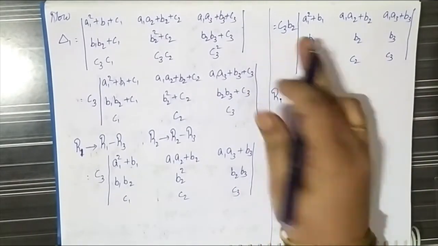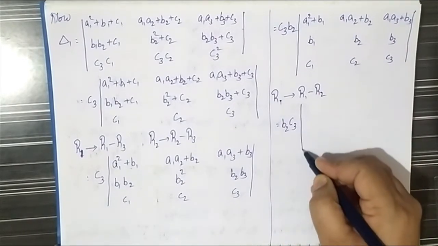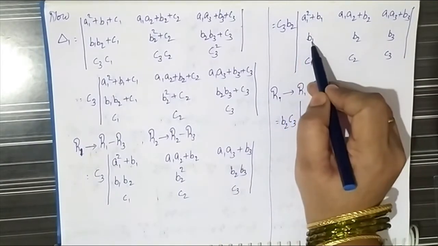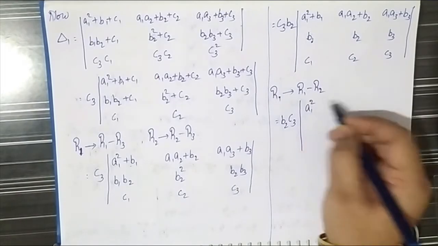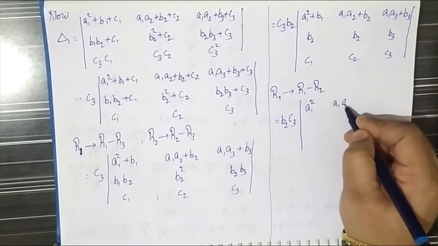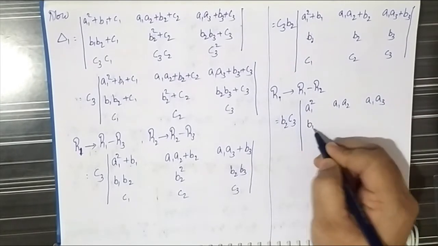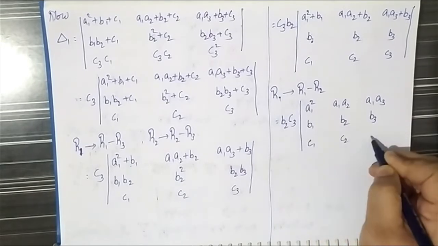That is equal to B2 C3 determinant. R1 minus R2: R1 is A1 square plus B1, minus R2 means minus B1, so plus B1 minus B1 gets cancelled. Then A1 square, here A1 A2, A1 A3, B1 B2 B3, C1 C2 C3.